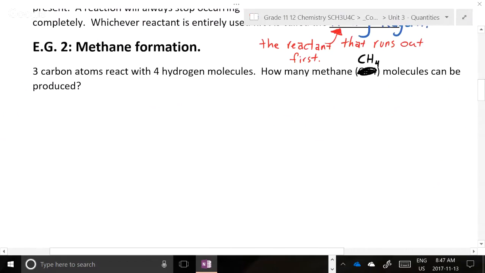So if I have, well, be careful. Draw it out. 3 carbon atoms.